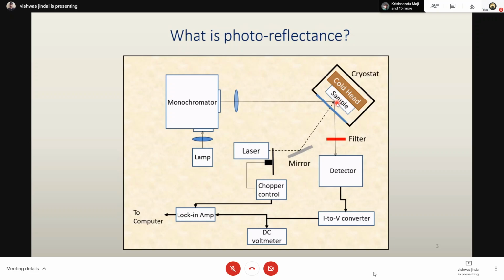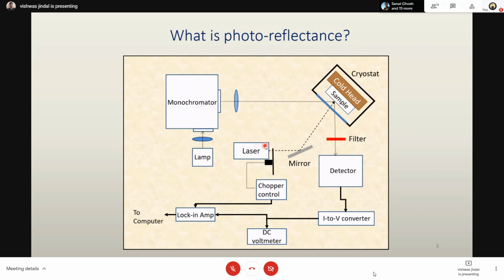How? So now we have moved the chopper from in front of the lamp to the laser. Now this probe beam is a DC light. So our detector will measure it, convert it from current to voltage, and then the DC voltmeter will measure the probe beam in the DC mode. But this laser is perturbing our sample.